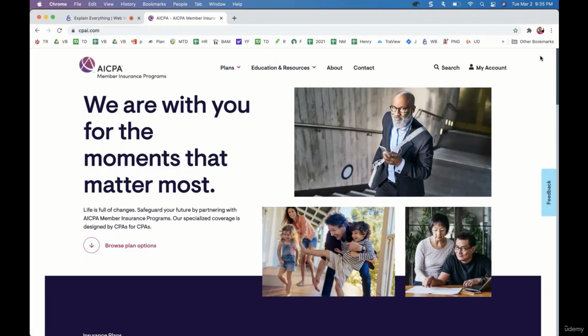If you look at this site, this is a place where you can create your account and apply for insurance. Now, this site is mainly created for AICPA members.